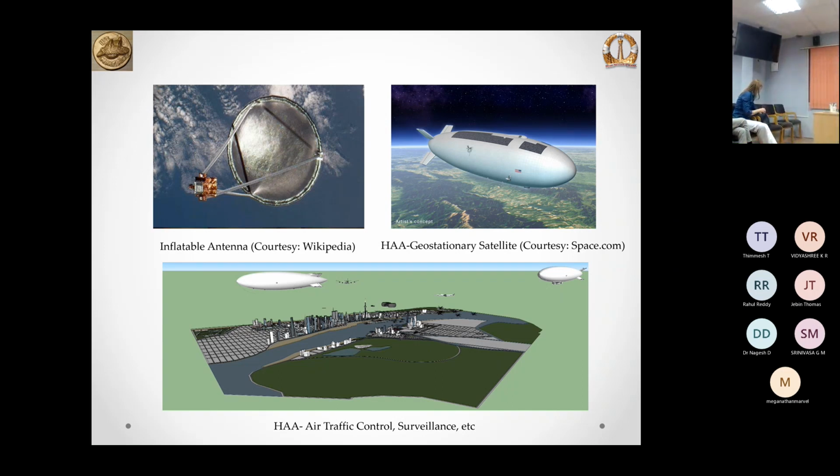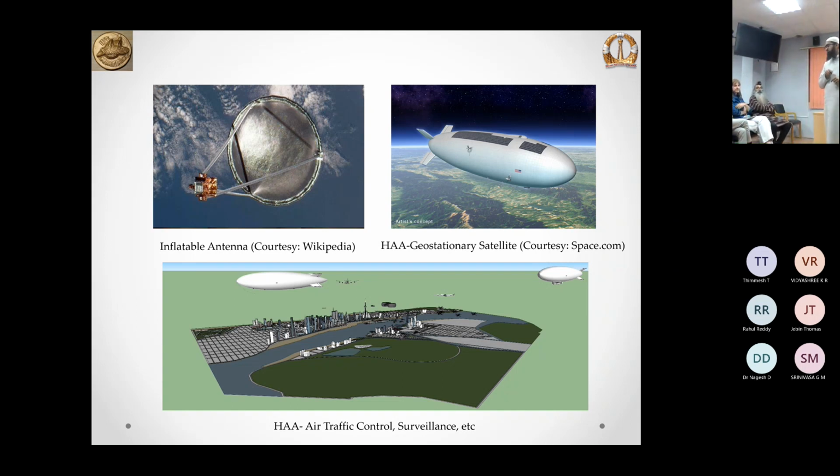An inflatable antenna is used to save volume in the rocket space vehicle. You deflate it, and you inflate it when it is at the operational space. There also we come across membranes, and wrinkles form there. The high altitude airship is also a very interesting concept to replace the geostationary satellite.